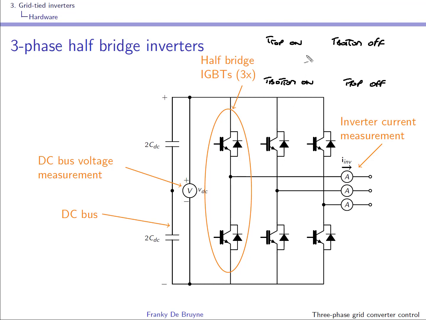You can't go from this stage to this stage in one go because it takes some time for this transistor to turn off. And if you don't take this time into consideration, at some stage you'll have the two transistors conducting at the same time, and this will lead to a shortcut, right?